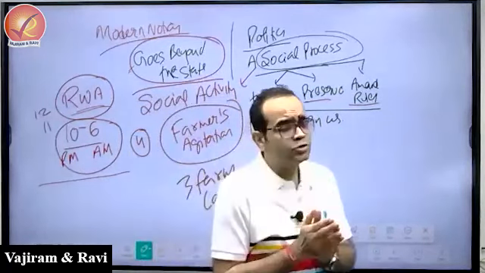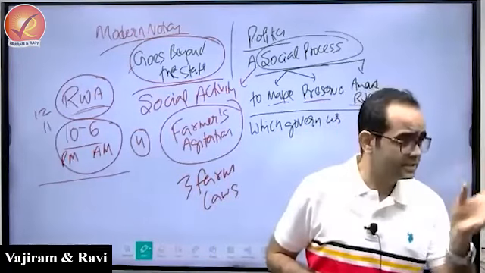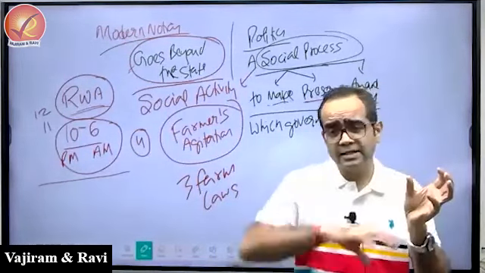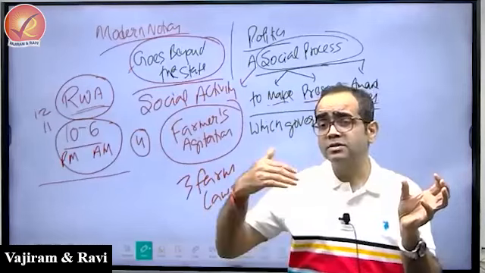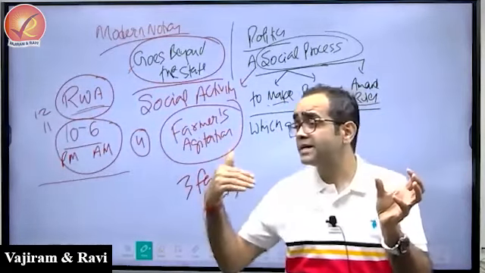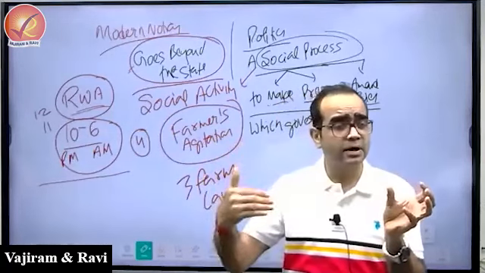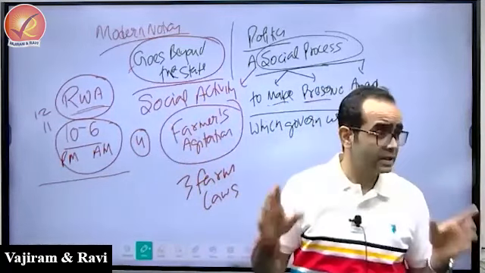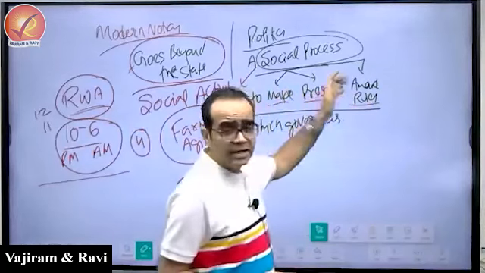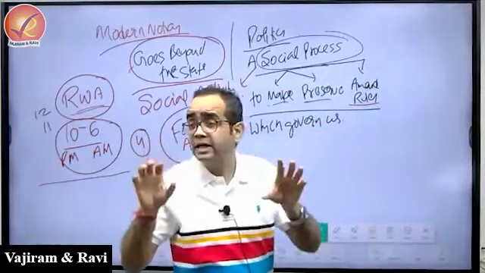So the traditional notion of politics was confined to the state. Now politics is considered as a broader activity. It includes many non-state aspects also. It is considered as a part of the social process, where we make, preserve and amend the rules under which we live.